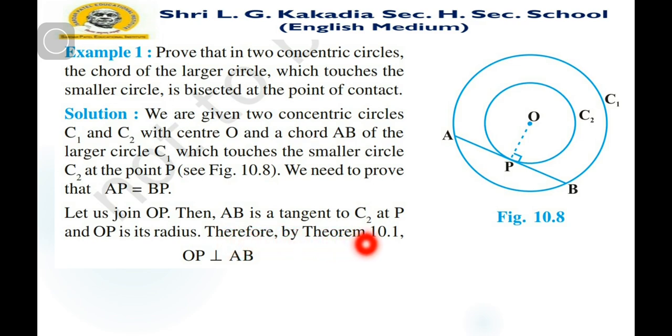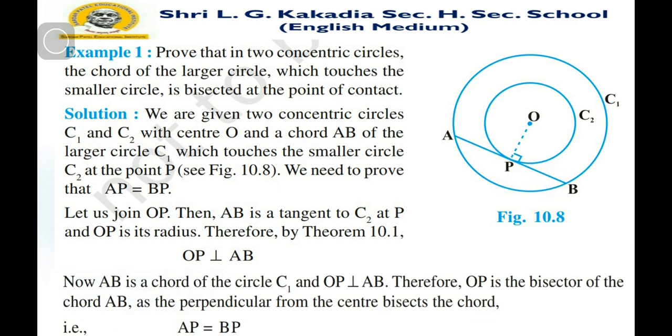Therefore, by theorem number 10.1, OP is perpendicular to AB. Now AB is a chord of circle C1 and OP is perpendicular to AB. Therefore, OP is the bisector of the chord AB, as the perpendicular from the center bisects the chord. Hence, we can say that AP is equal to PB. So, by this way we can prove such examples.